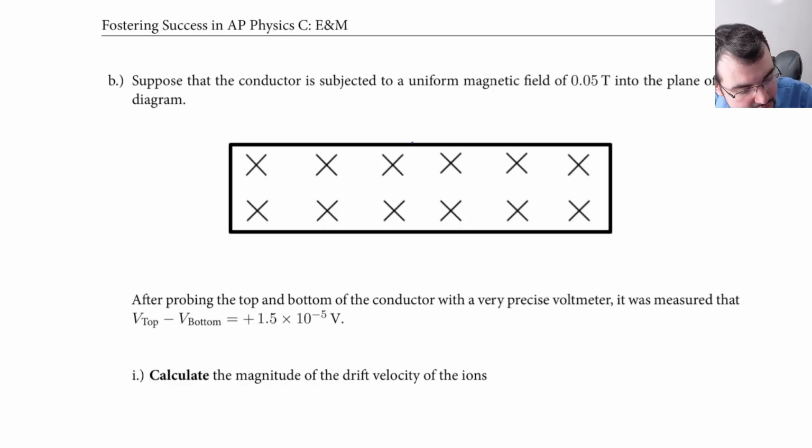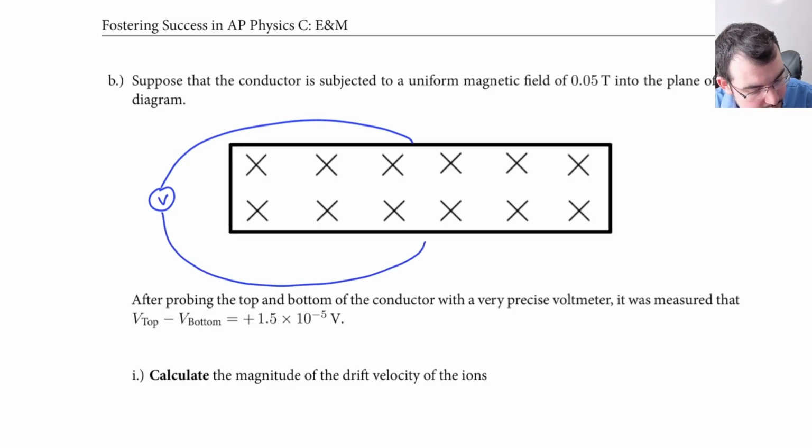So what that means is that we took a voltmeter like this, and we probed these two ends. And what it says is that this end is actually at higher potential. So there's more positives on the top, there's more negatives on the bottom. We're to use our model here.